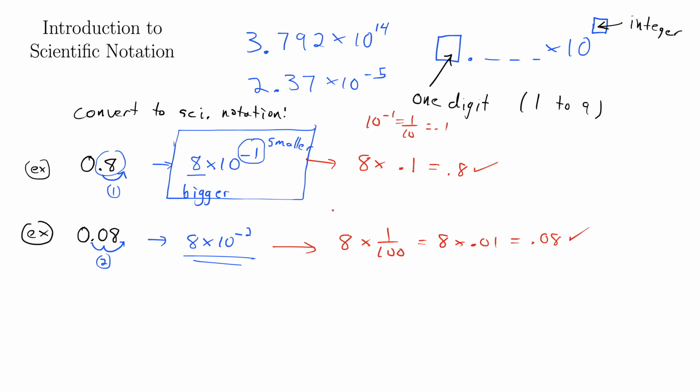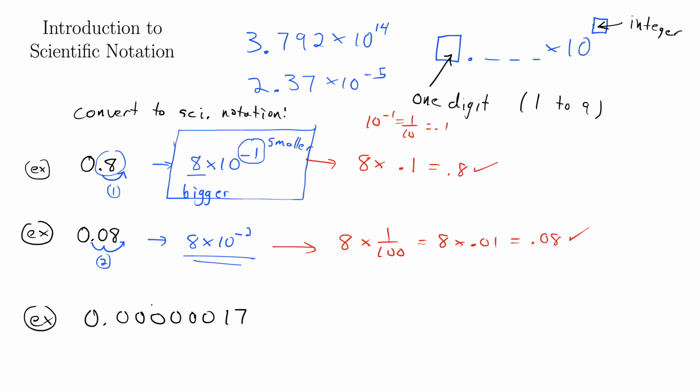Let's try one where we might actually use it in the sciences. We wouldn't write 0.8 or 0.08 in scientific notation like that, usually. But we might write something like 0.000000017. That's a lot of zeros, and that number is pretty hard to conceptualize.